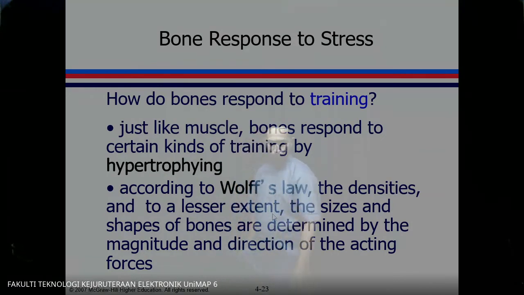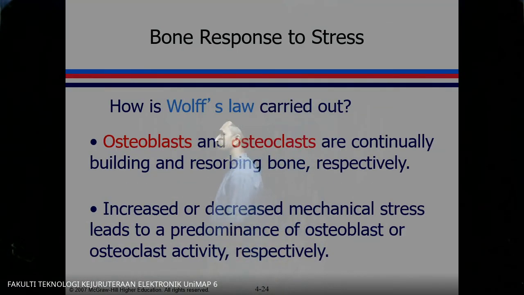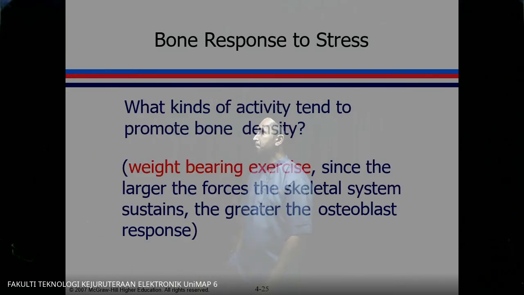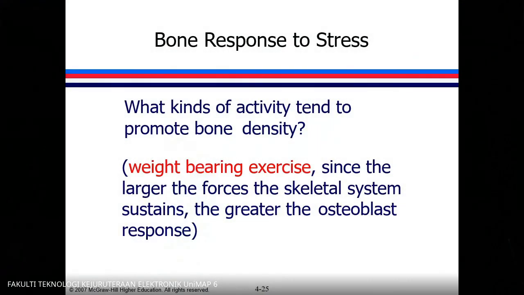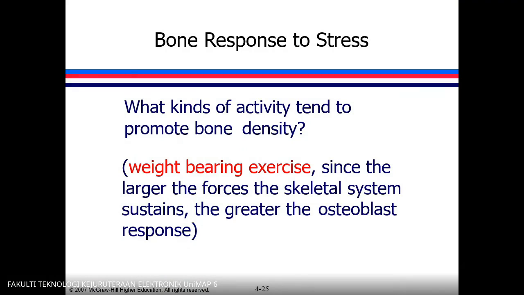Okay, how does the bone respond to training? Okay, tak apa. Alright, so what kind of activity tends to promote bone density? Apa aktiviti yang akan bantu untuk meningkatkan bone density ni?